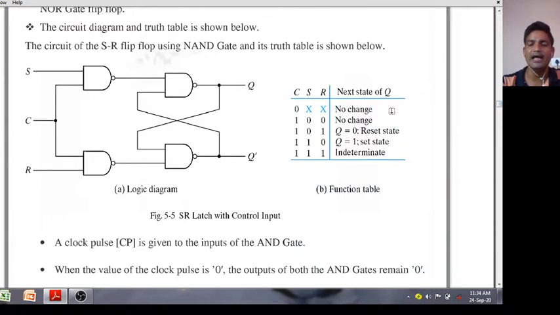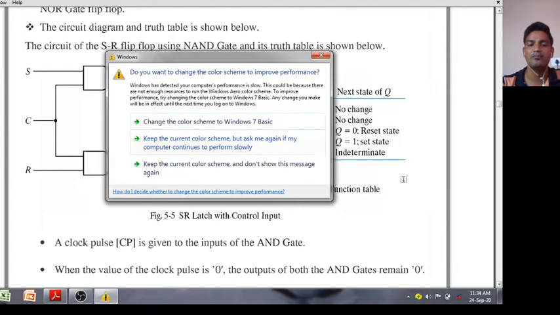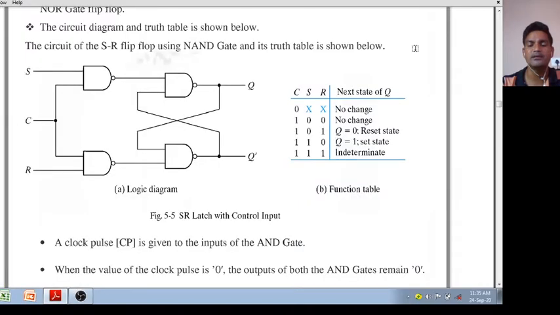Now I will expand this table. You always have to remember this characteristics table, because this diagram we will use as a reference for upcoming flip-flops.